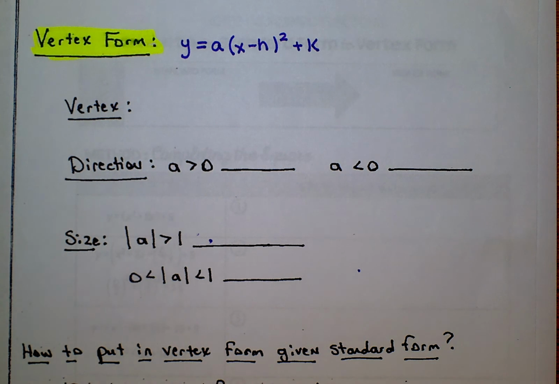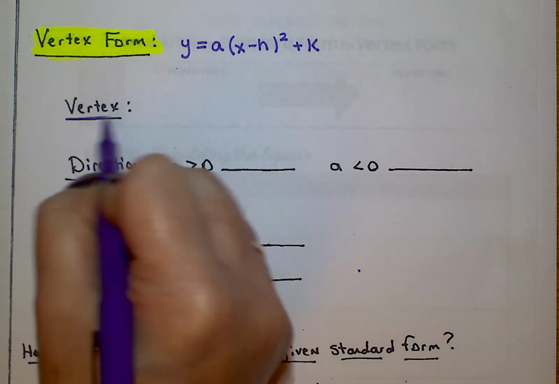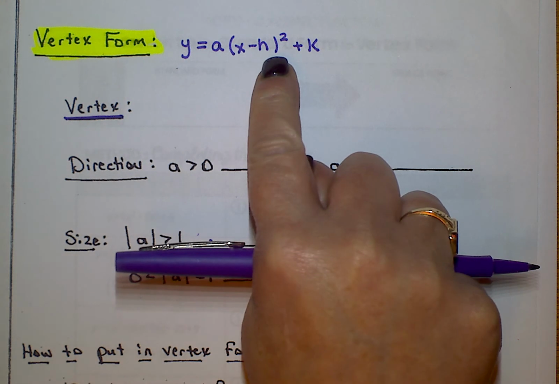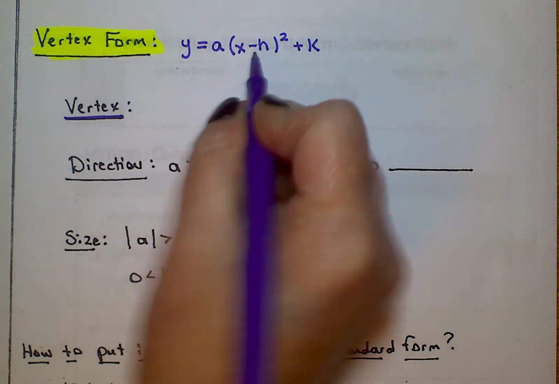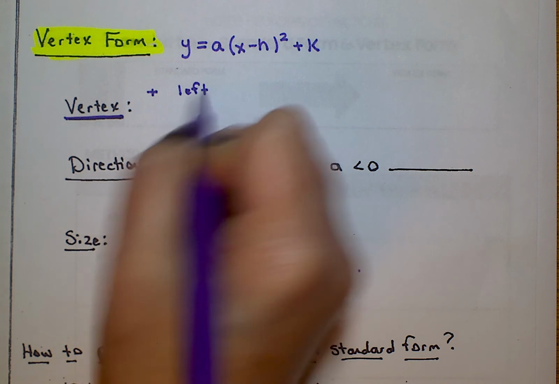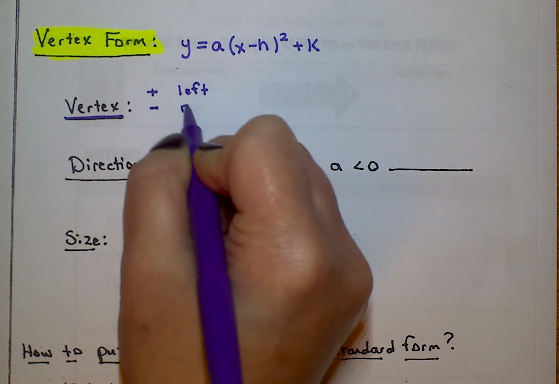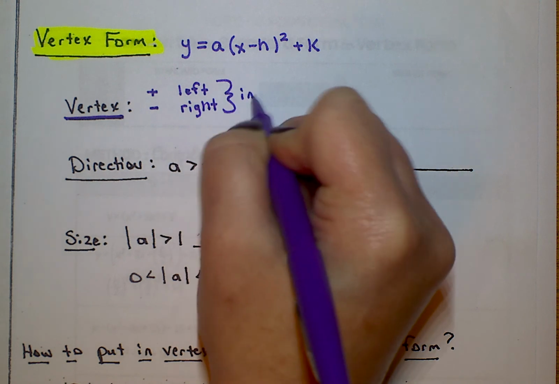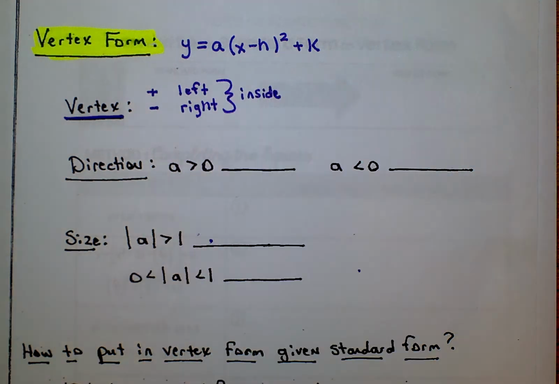Okay, and we saw that when we were dealing in Unit 1 and we started moving the graphs around on the coordinate plane. Now, to get the vertex from that graph, the inside, if you recall, was always the opposite sign. So if it was a plus, remember that we moved left, and if it was a minus, we moved right. And this came from the inside of that function.